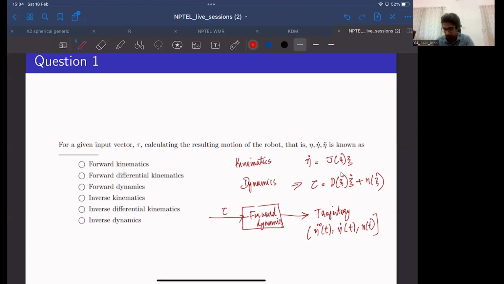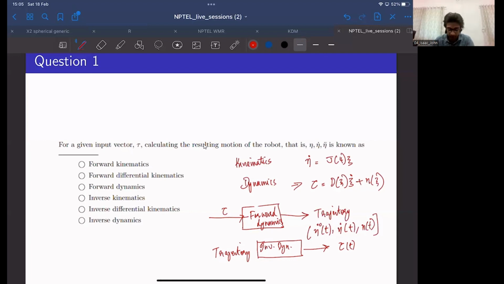Whereas in case of the reverse problem, if you are given the trajectory and you are asked to find out what would be the torque vector acting on all the joint variables, this would be the inverse kinematics problem. Sorry, inverse dynamics problem. So the question clearly asks, you are given a torque vector, you are supposed to find out the trajectory of the robot.